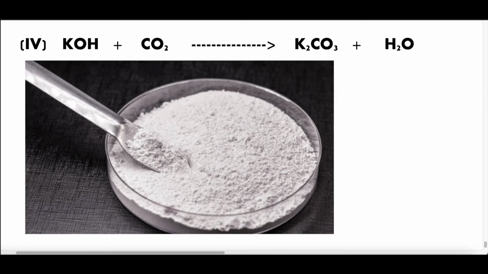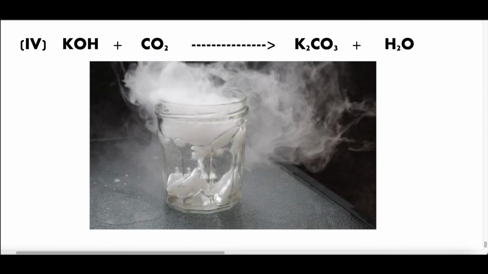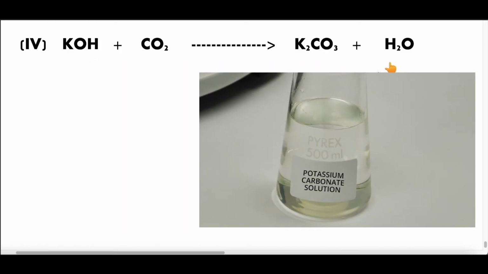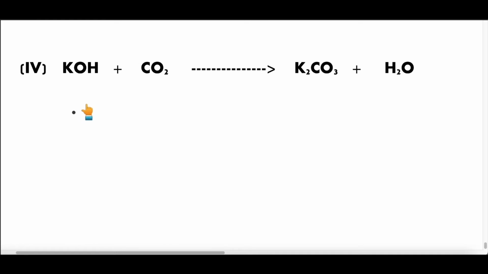This is when potassium hydroxide reacts with carbon dioxide, it yields potassium carbonate and water. Now this is a bit challenging because we have oxygen in all the compounds here. So we have to be a little bit more careful when we are adding up the number of oxygen. And yes, one more thing.